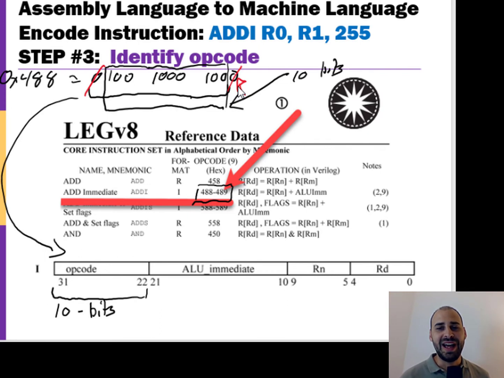That's why it's written that way in the reference sheet. It's indicating that it doesn't make a difference: if you have a 1 or 0 there, you're not going to use that bit either way in storing it. All right, so moving forward, we know the opcode now.